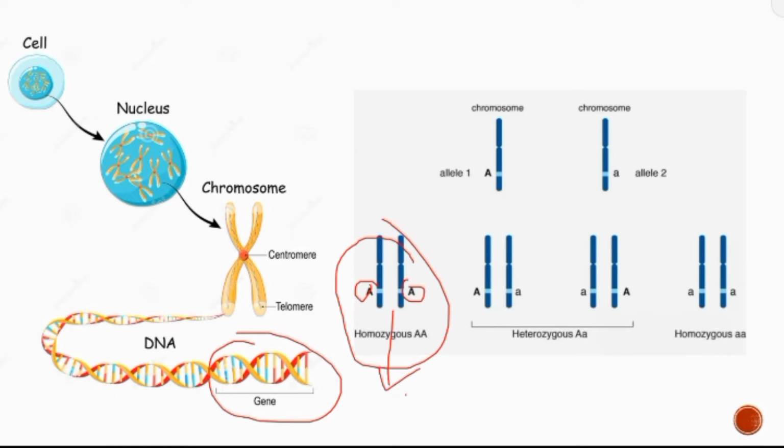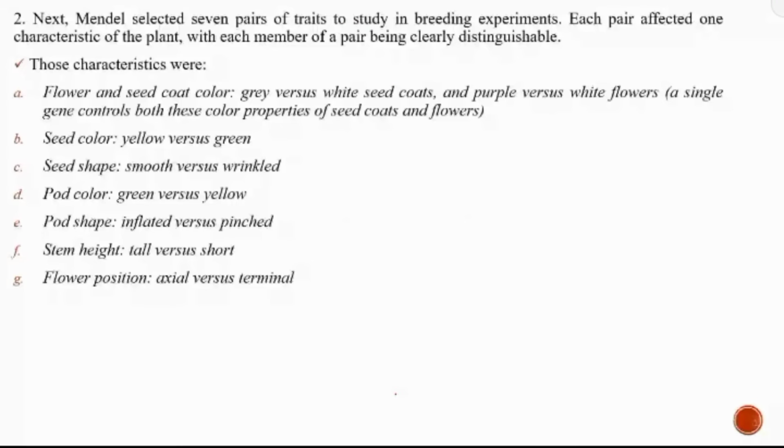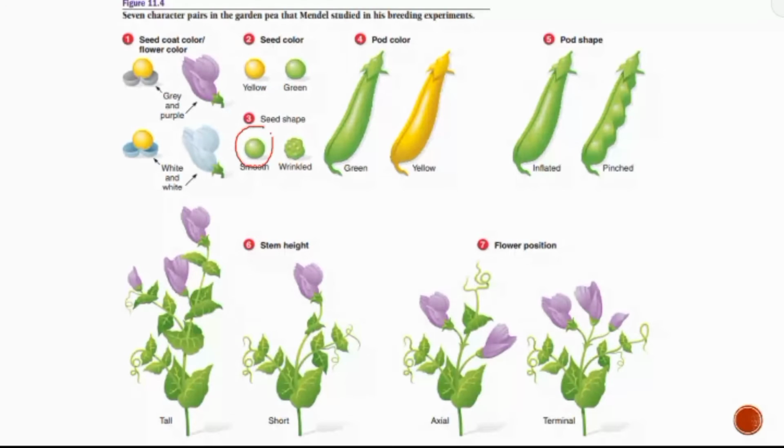It will lead to a smooth phenotype, meaning the seed produced will be smooth or circular. Otherwise, with the other genotype, it will lead to a wrinkled phenotype. You will be able to observe this.